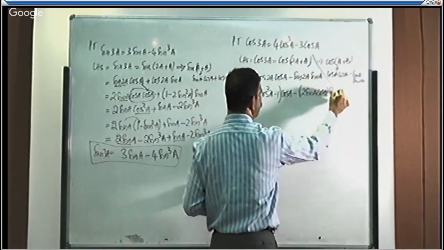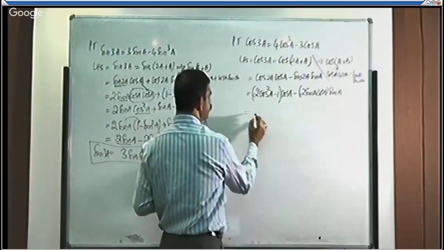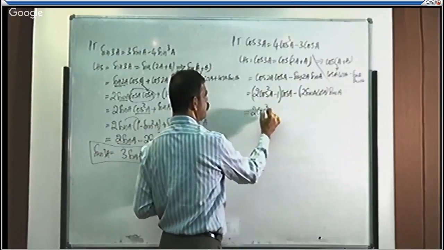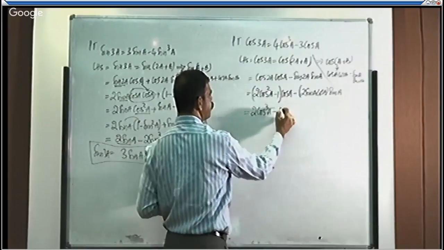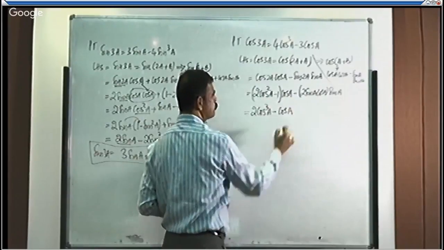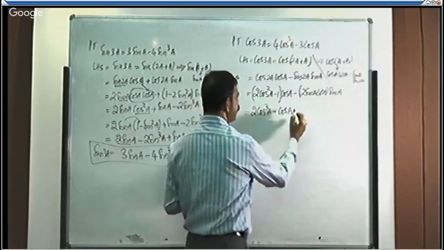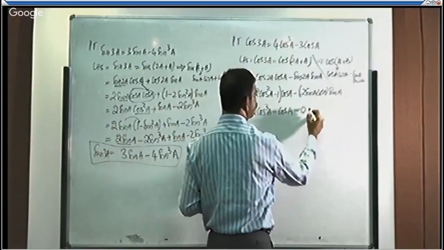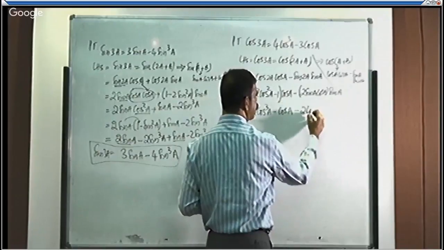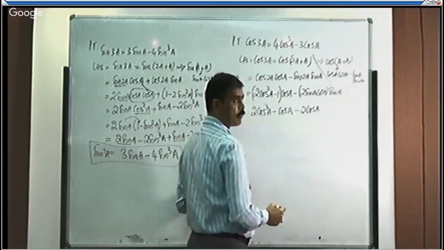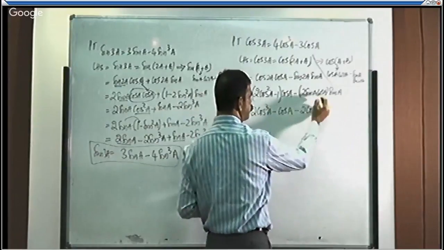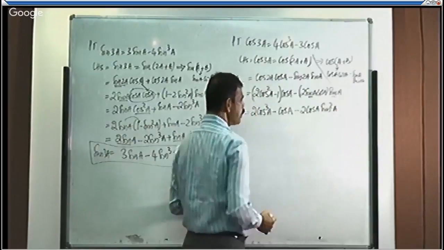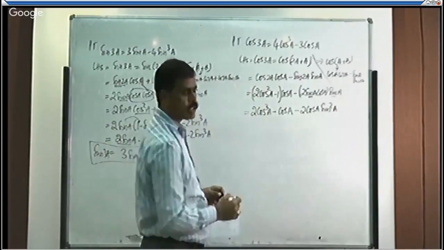Into this sin A. Remove the brackets. Cos A into 2 cos square A, that is 2 cos cube A, minus cos A into 1, it is cos A, minus 2 into sin A into sin A, sin square A into cos A. So I am writing cos first, cos A, 2 cos A, sin into sin is sin square A. Replace that sin square in terms of cos square.